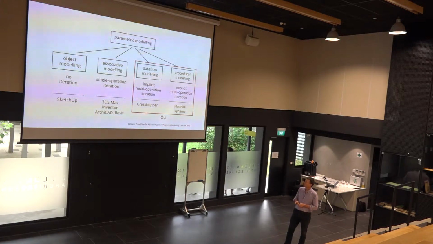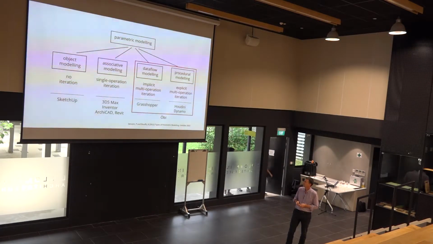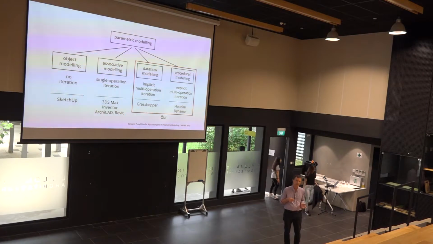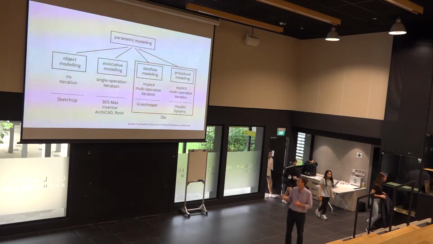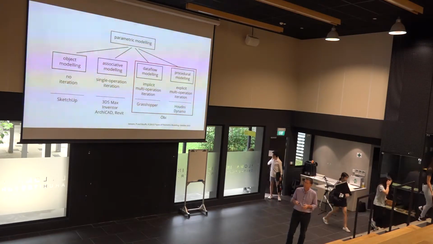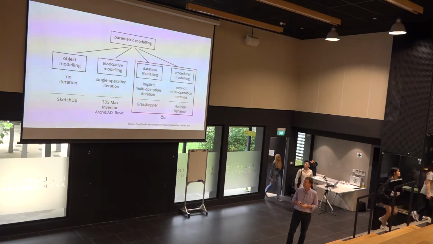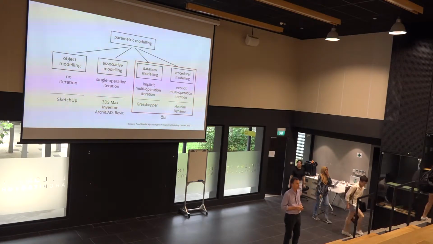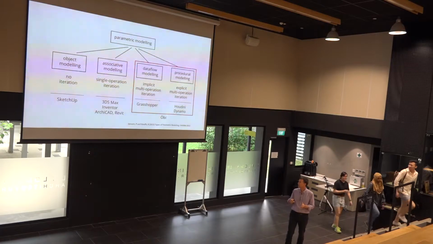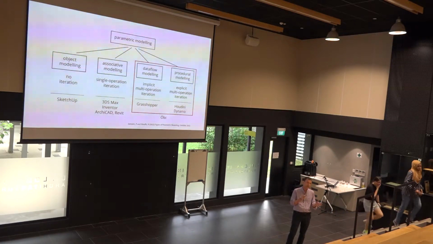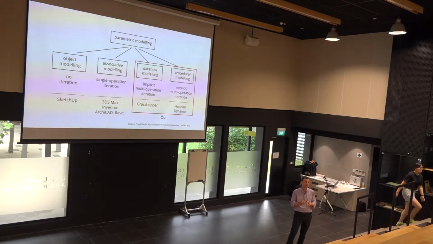The second one is associative modeling, which is actually all the CAD systems. 3D Studio has this inside it, and Autodesk Inventor. You can associate one piece of geometry with another piece of geometry, so that when you move one thing, the other thing changes.